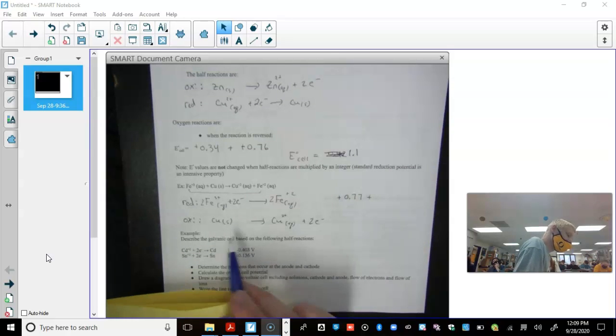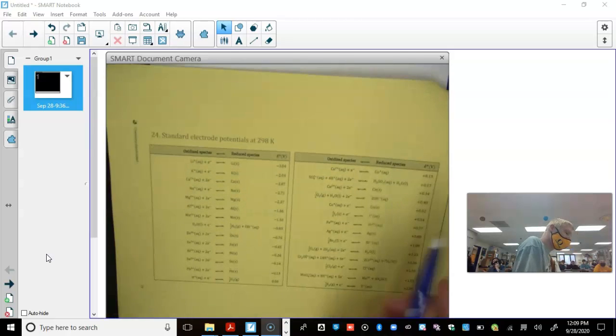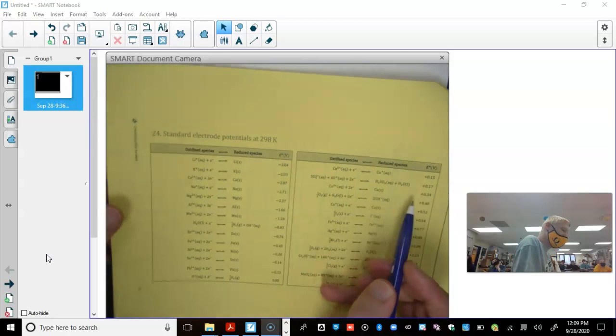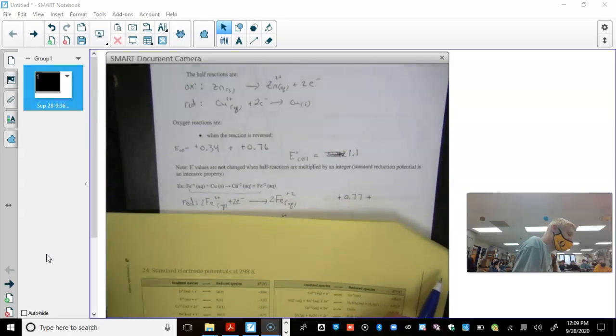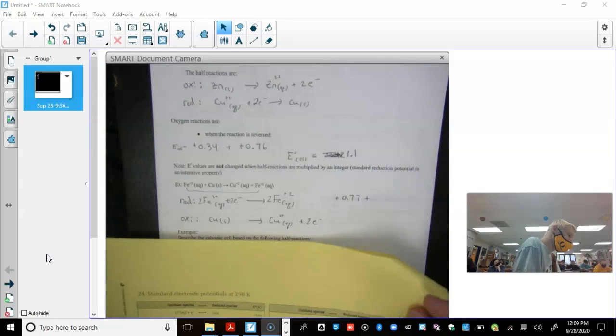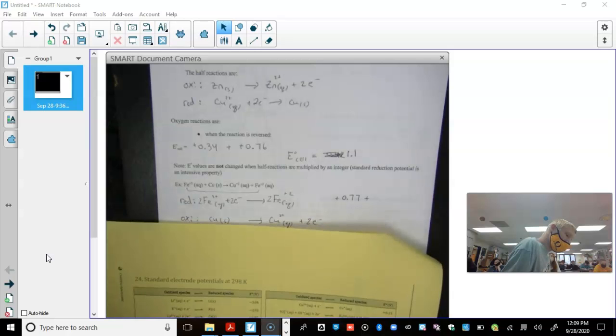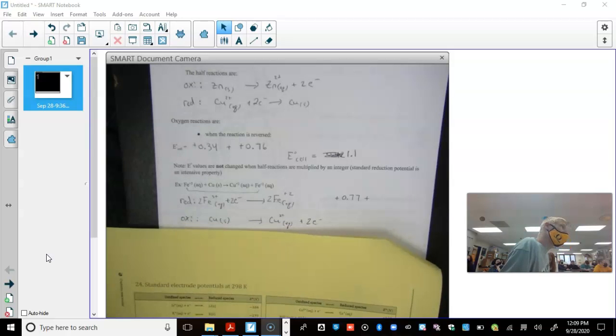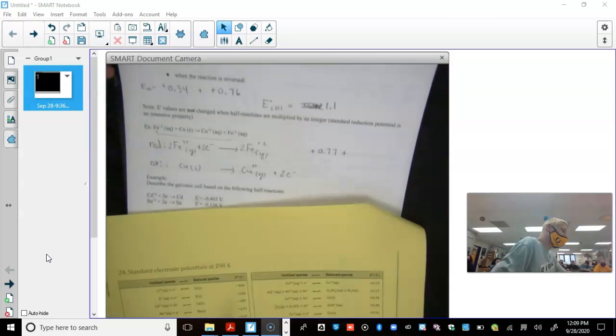And then the other one is copper, and we're doing the 2 electrons being lost. That's 0.34, but let's take a look at that.